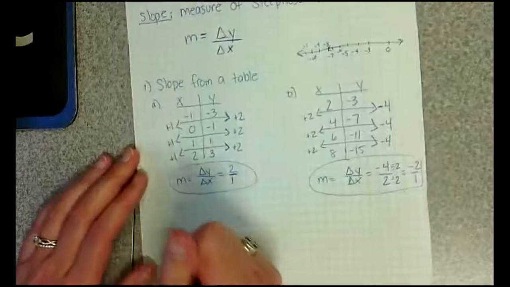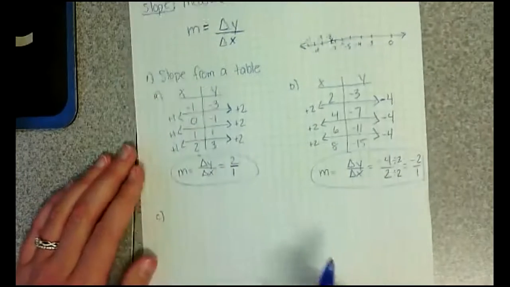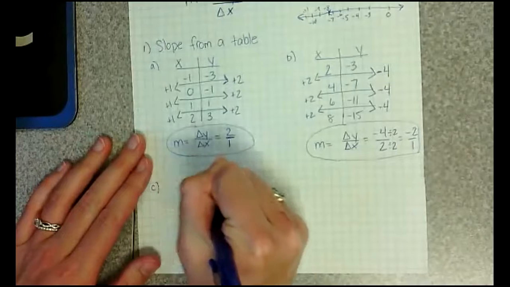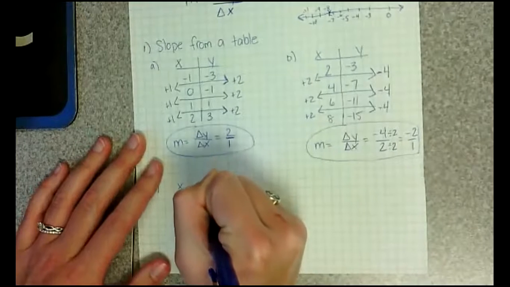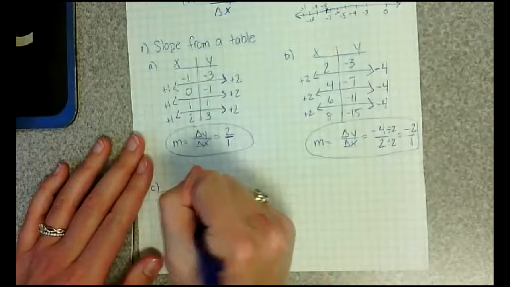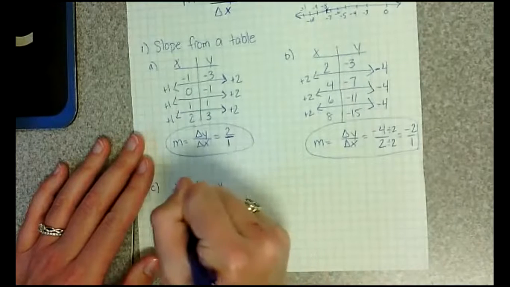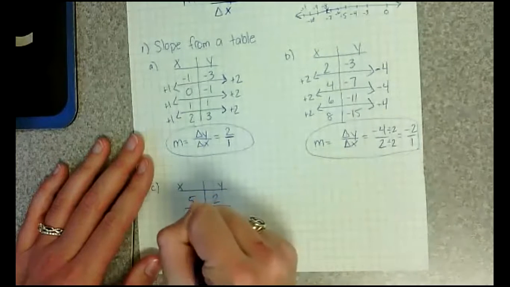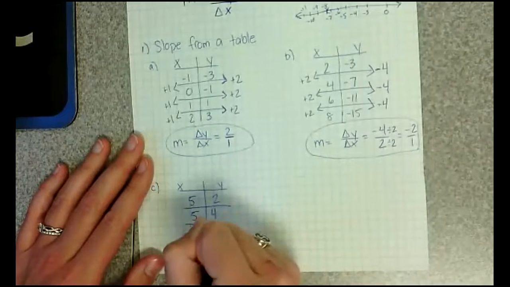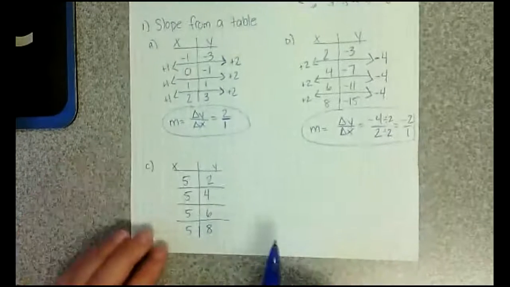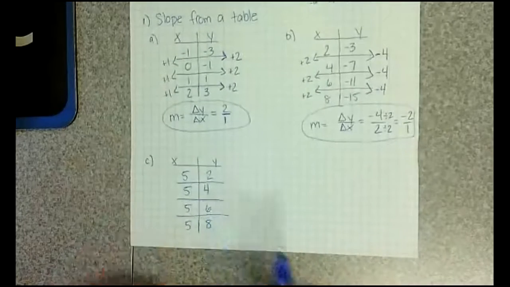So I'm going to put one more table up here, and I want to see what you guys come up with. Okay, so just copy down this table for me. Okay, so Jonathan, I'm just giving you these numbers to use. So can you find me the slope of table C?